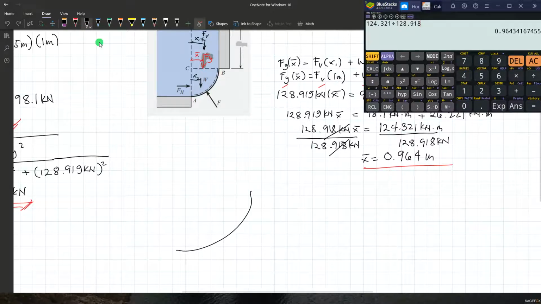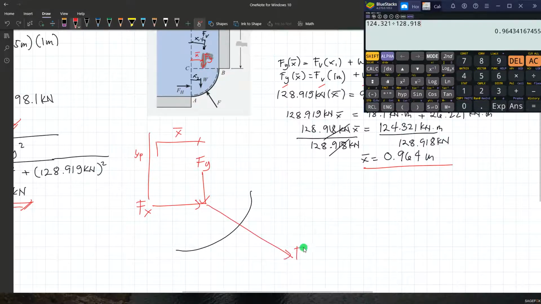Let's say this is your quarter circle, this is your Fy, this is your f of h. So we already located this using yp, and this distance right here is your bar x.